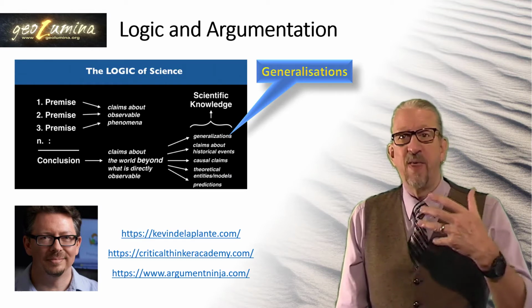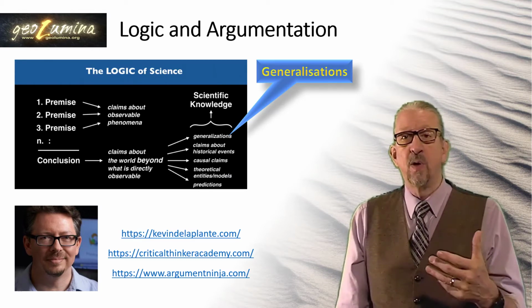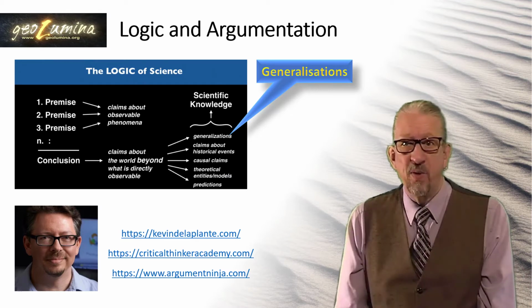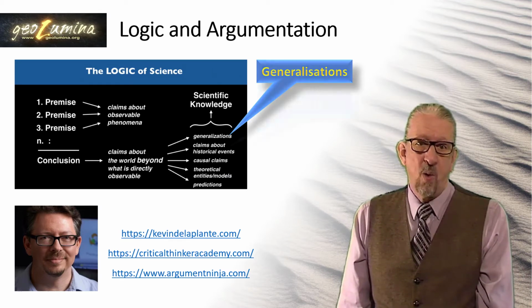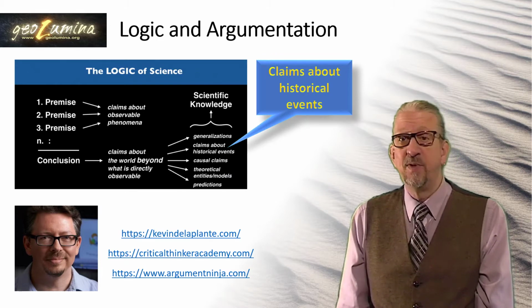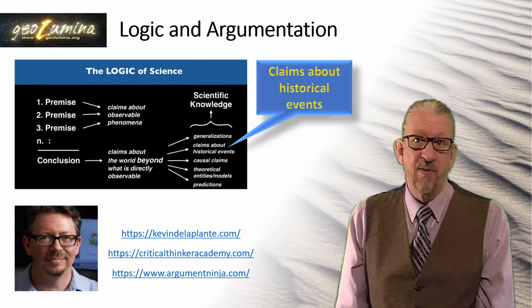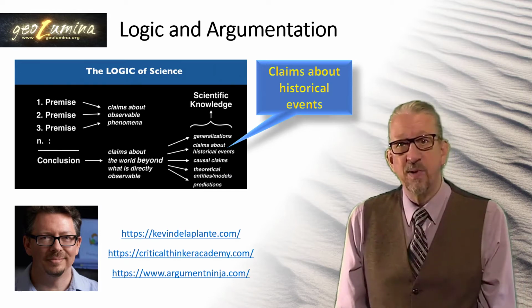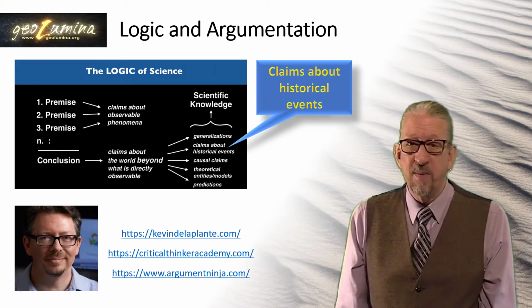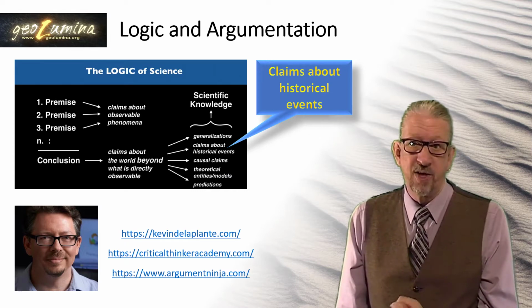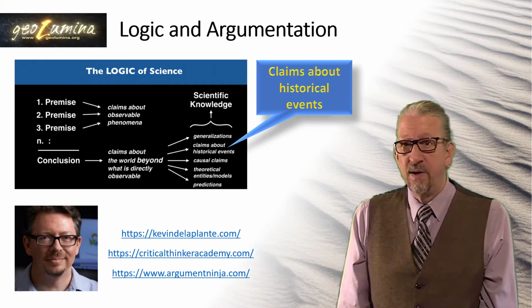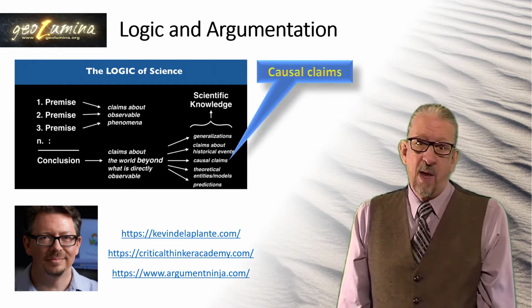So on the basis of that evidence and the argument and the conclusions, we can maybe make some generalizations about the world around us. Or perhaps we can make claims about historical events based on that evidence and the logical relationships and arguments between those various premises. And that's something we do a lot in geosciences in attempting to explain geological history.